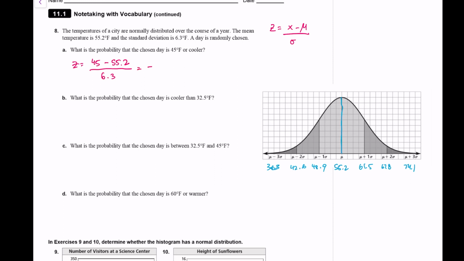Calculating that, we get negative 1.619. And so now, what do we do with this number? What we're going to have to do is use a table and compare that with a table to help us figure out exactly what our probability is going to be.